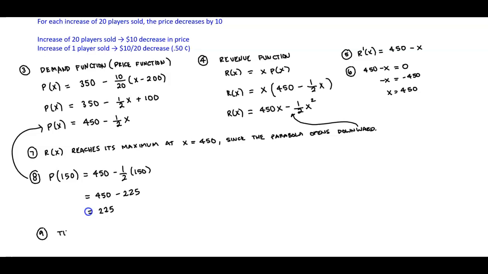So therefore we can say that the rebate would be the following. Well, the rebate is taking the $350 cost and subtracting the 225, which will give us $125 for the rebate.